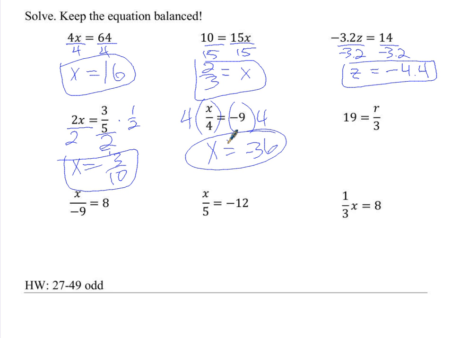What do I do on the next one? Multiply both sides by 3 to get rid of the division. I got to undo that division by 3. So on the right side, I wind up with r equals what? 57.